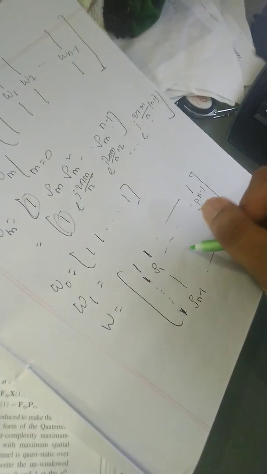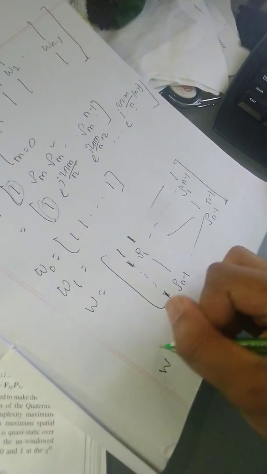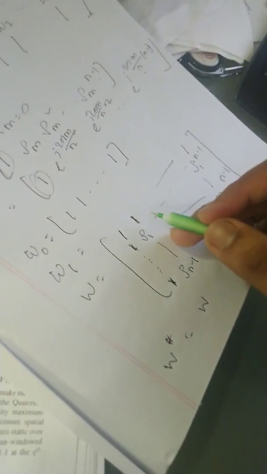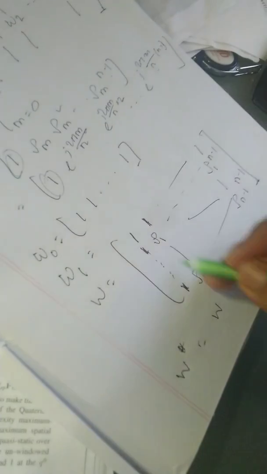So what if we take W conjugate transpose? It is nothing but the complex conjugate of W. So we take the complex conjugate of each of the members and we transpose that. This is the complex conjugate, and this is the transpose sign.